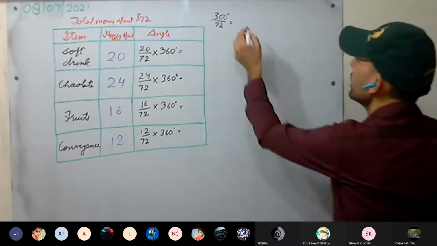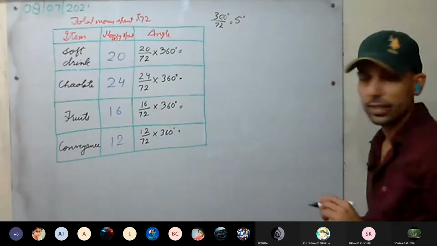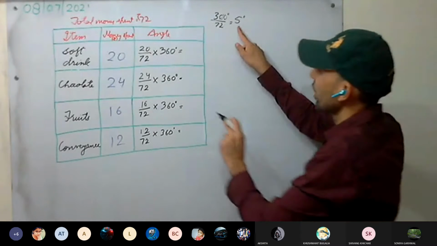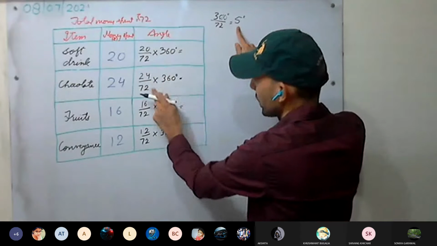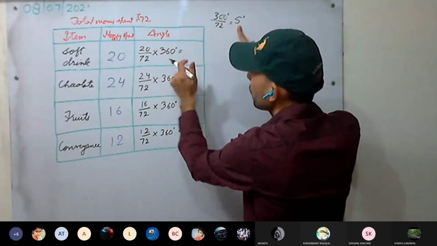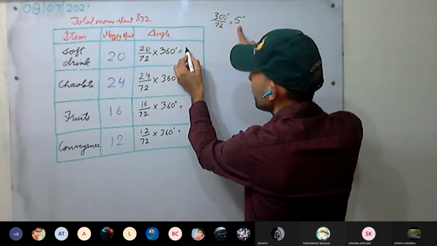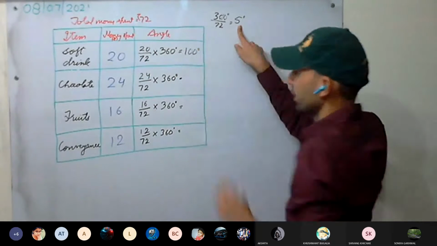5 it is coming. So it is 5 degrees. It means we have calculated 360 upon 72. Multiply 5 degrees with 20. How much will it be? 100 degrees.